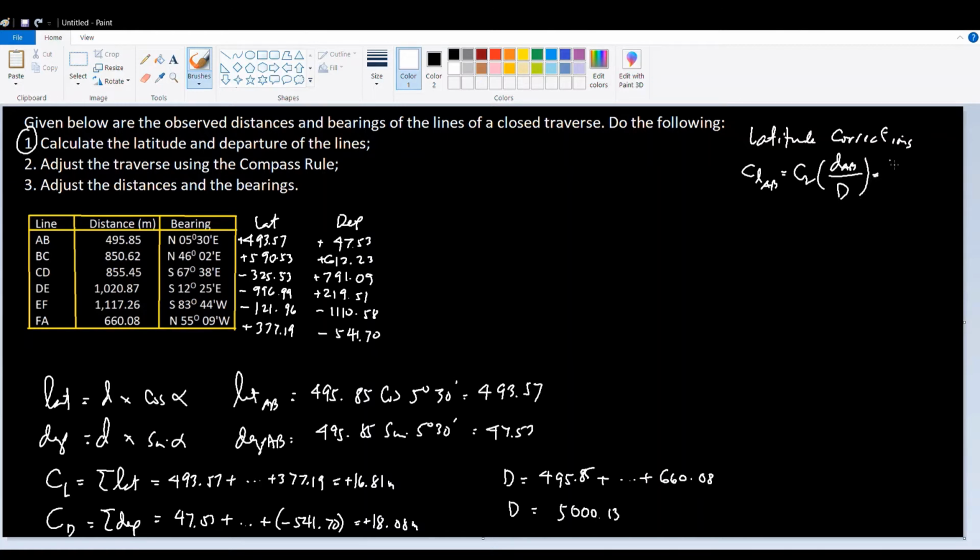The common factor here is CL over total D, multiplied by the distance AB.